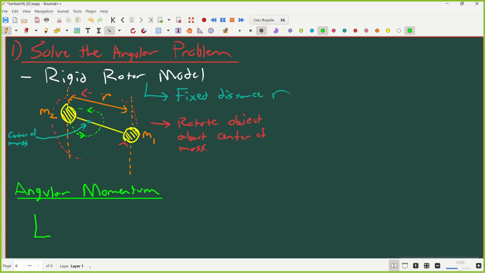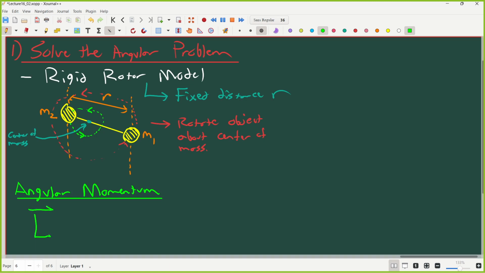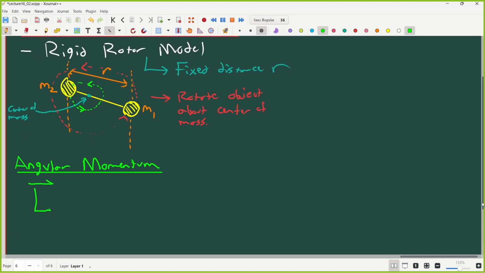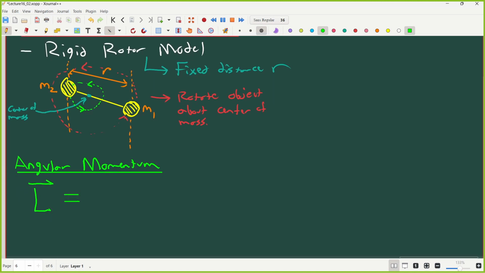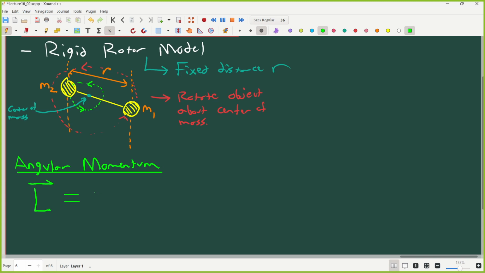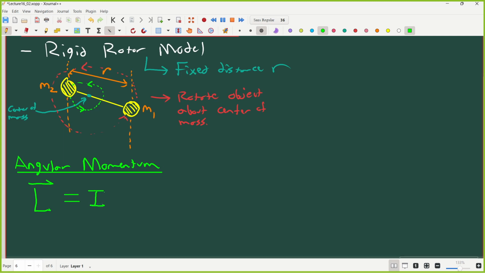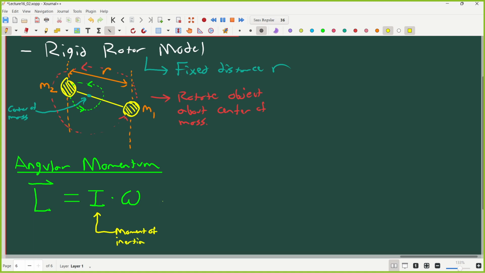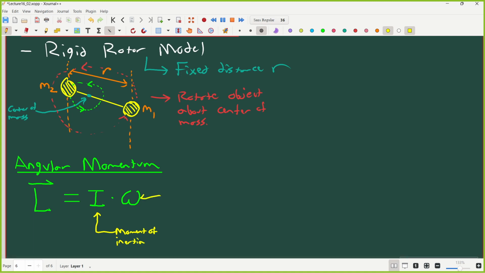Angular momentum is a vector, L, and there are a couple of different ways to write it. One way is I times omega, where I is called the moment of inertia, and omega is the angular frequency. That's how fast we're rotating the system.